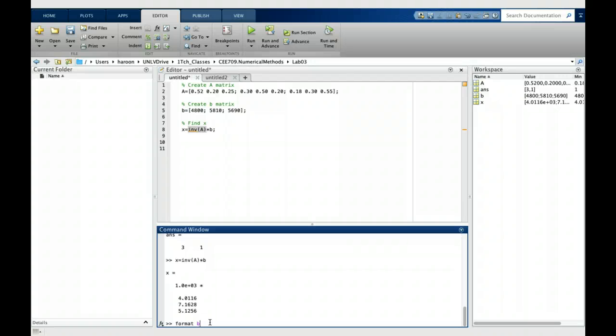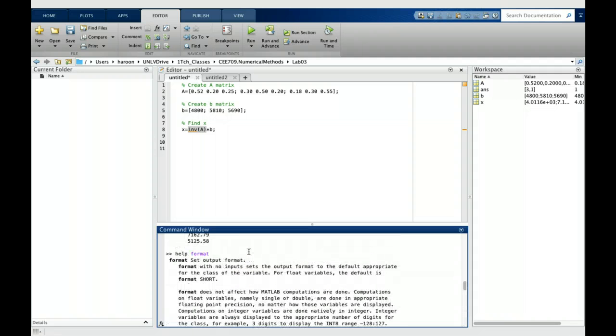So it's called format bank, and now if you print X again, you'll see that it's giving you answer with 2 decimal places.